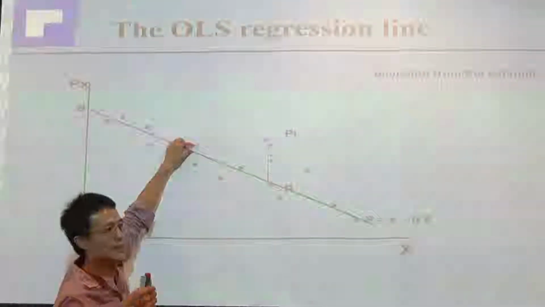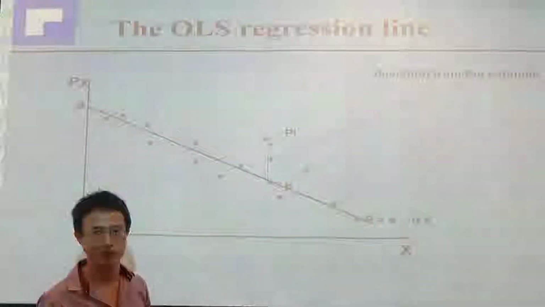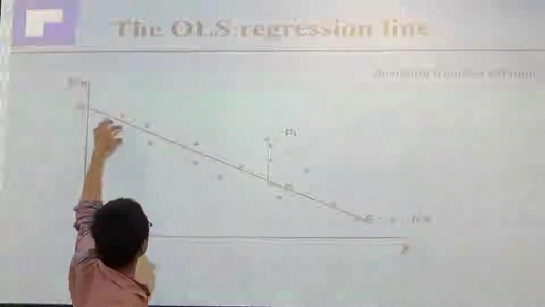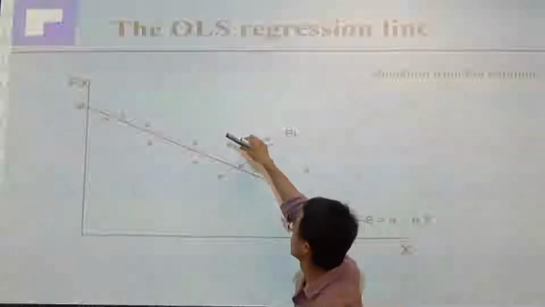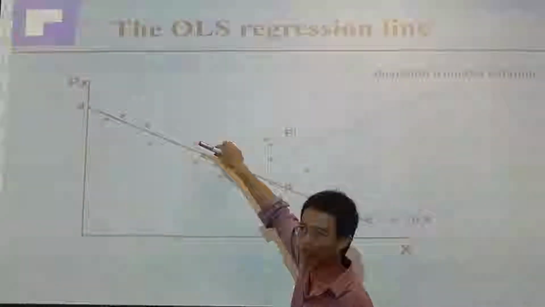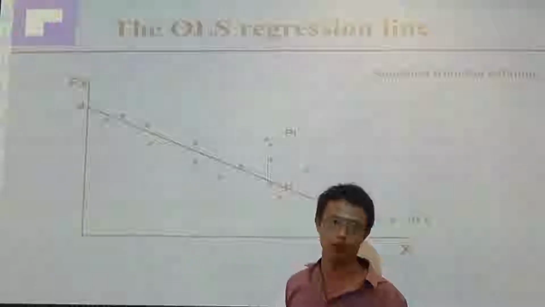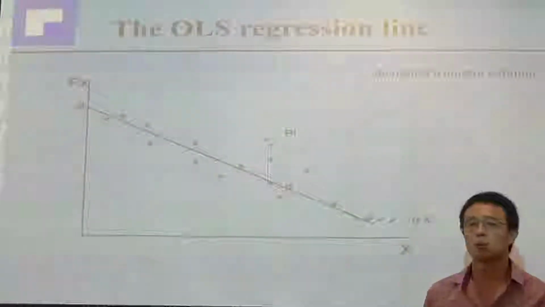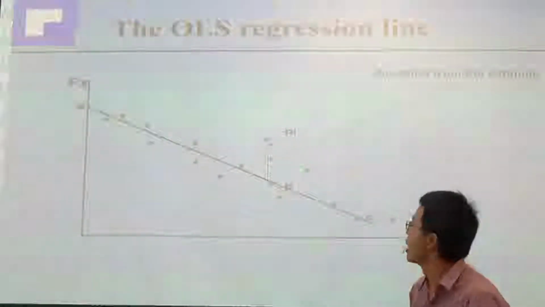Positive error we square, still positive. Negative error we square, it becomes positive. So square the errors, then sum them up. Choose the line that fits the data points in the best way, which means minimize the sum of squared errors. That's what we call the ordinary least squares technique. Okay, so that's the principle of OLS regression.